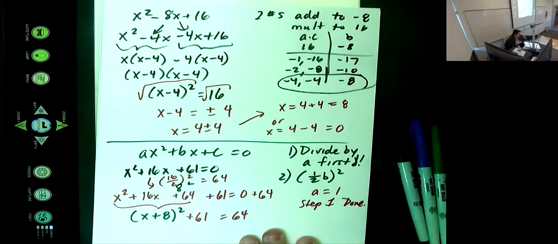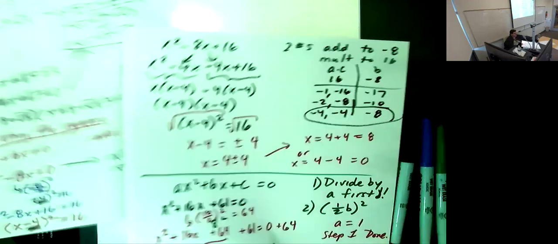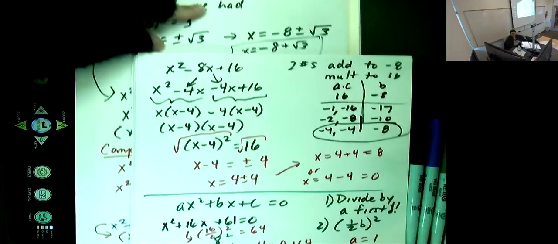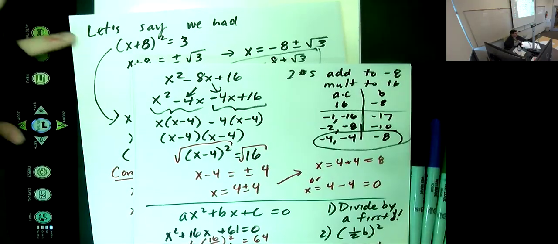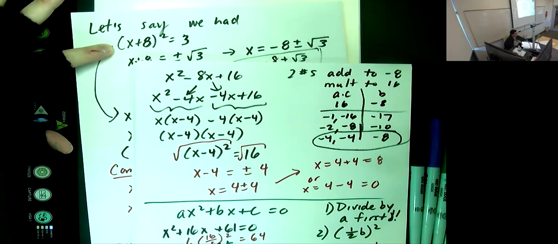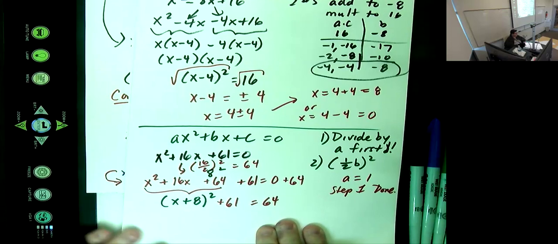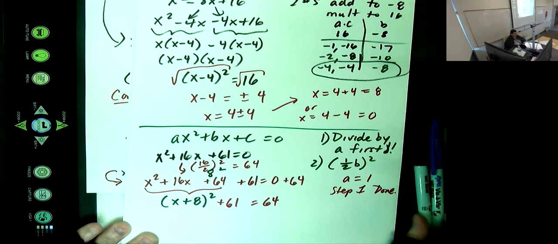And I'm gonna put up that other page where we showed what we started with. We started with x plus 8 squared equals 3. That's when we started completing the square. We're almost there. What do I do?